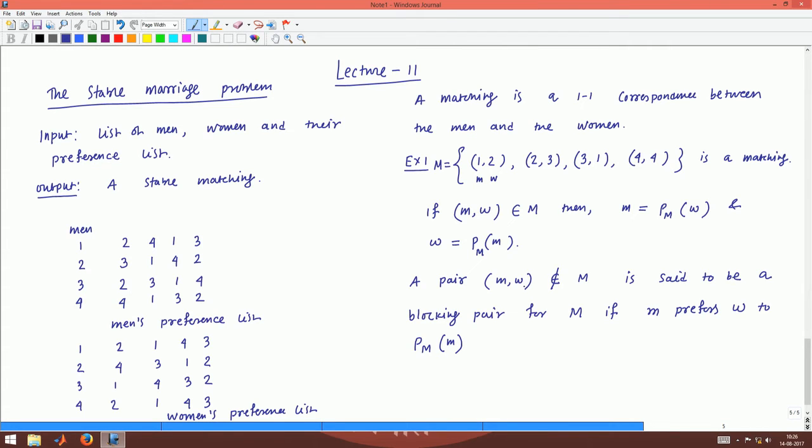So, M prefers W to its matched partner in M, and, this is very important, W prefers M to its matched partner in M.